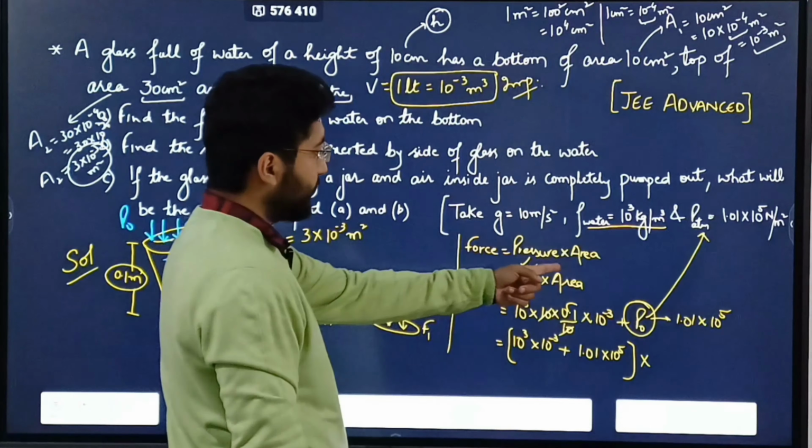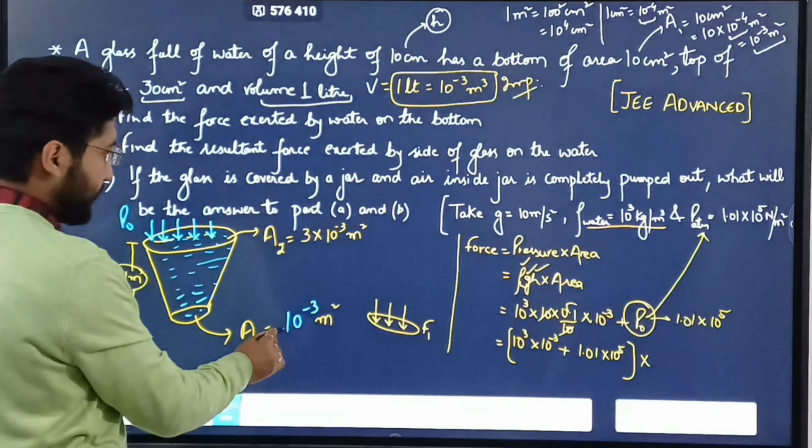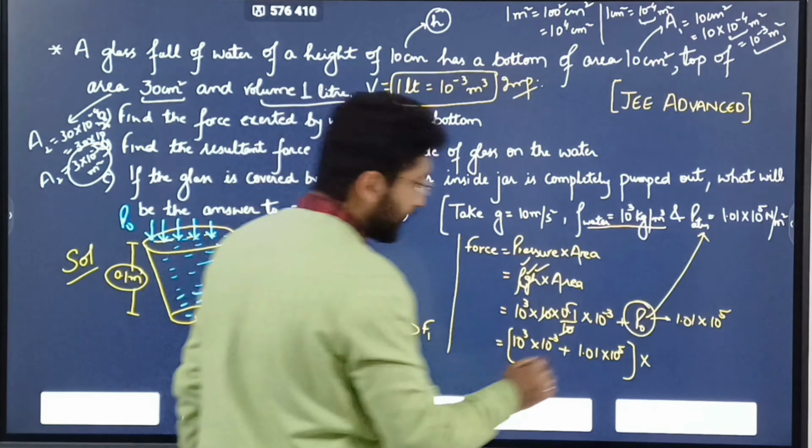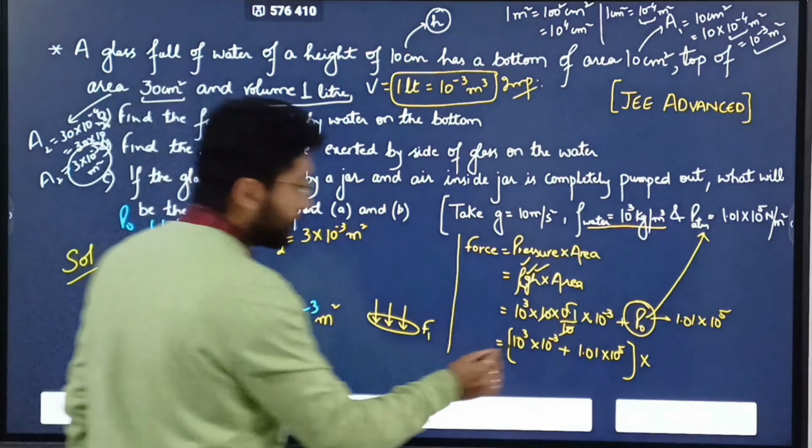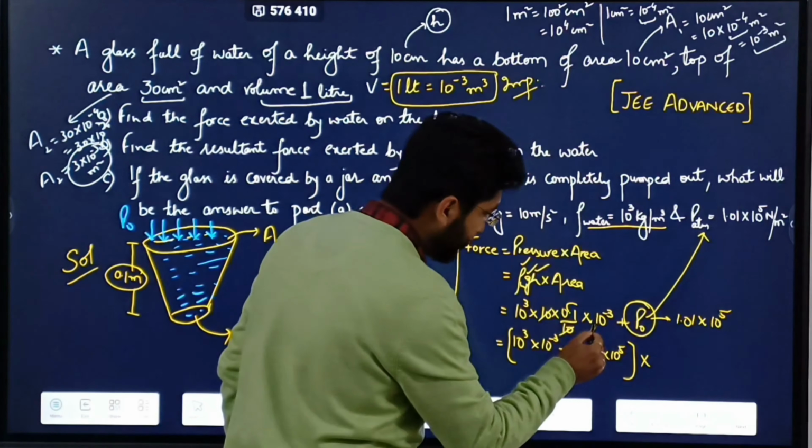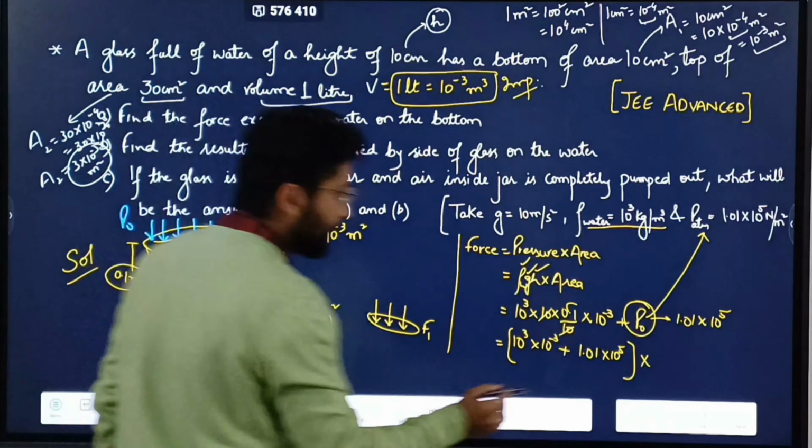Also area is 10 raised to power minus 3. Rho gh, this area will also multiply here.